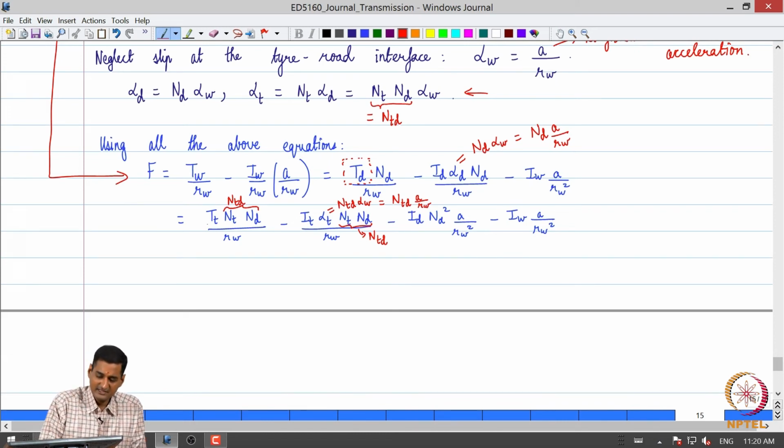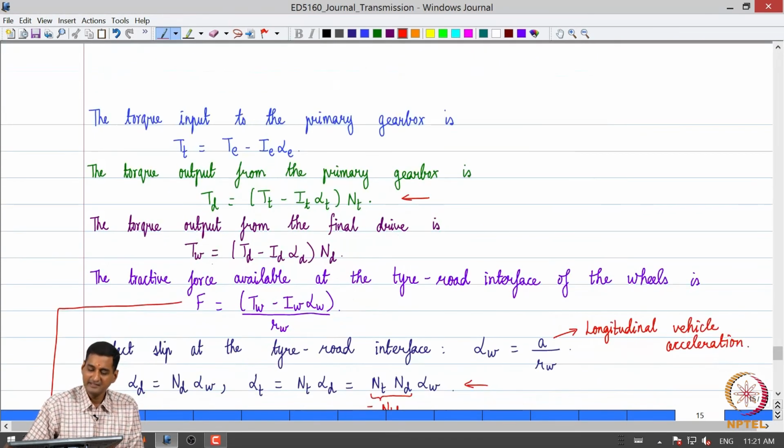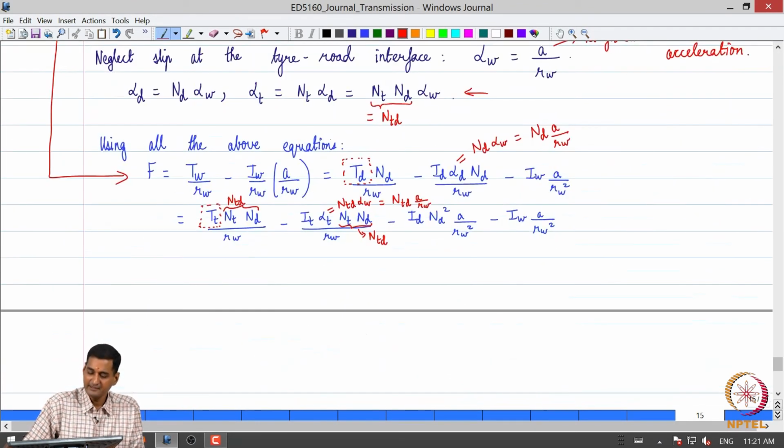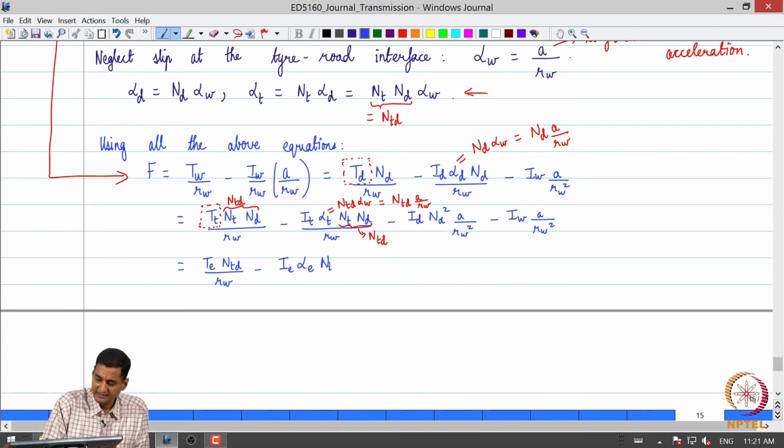So, now what we do is that we have to substitute for Tt. So, what is Tt? If you recall, if we go back, Tt is going to be equal to Te minus Ie alpha e, right. So, let us substitute that. So, this is going to be equal to Te Ntd divided by Rw minus Ie alpha e Ntd divided by Rw minus It.